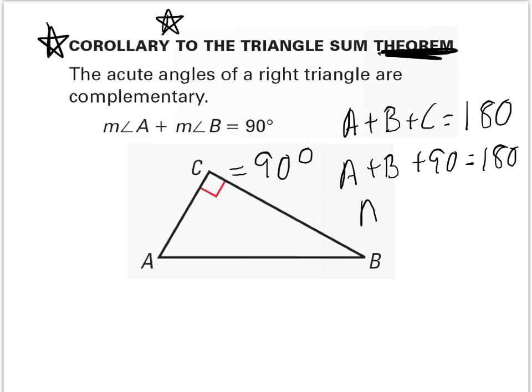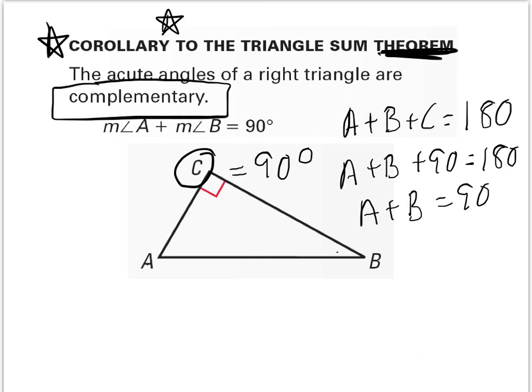So if I subtract 90 from both sides, I have A plus B equals 90. And that makes sense because if C equals 90, whatever these two add up to be, they need to be 90. And remember, the definition of complementary angles is angles that add up to be 90 degrees.